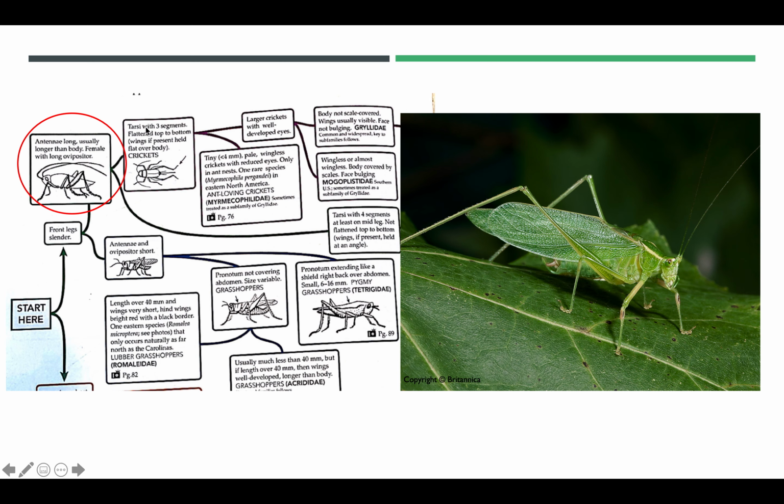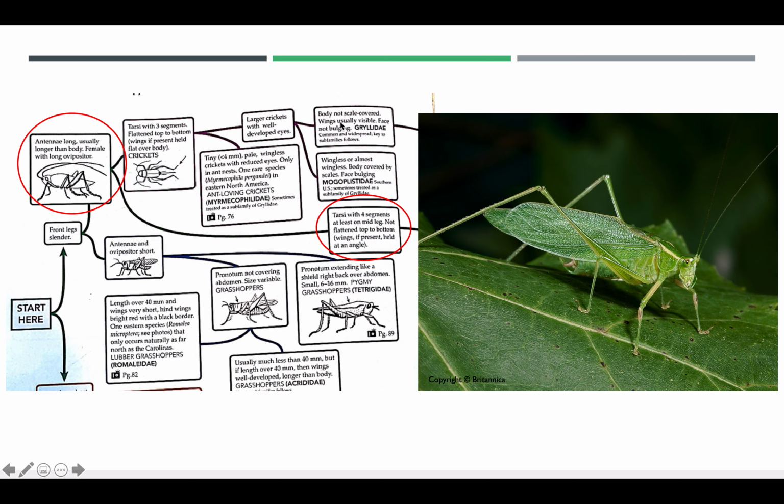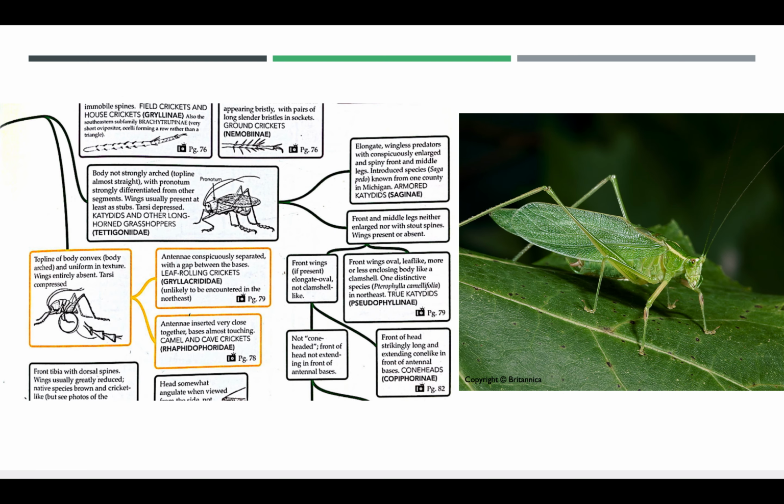The next one, we'll start talking about the tarsi, and those are a little difficult to see here because we don't have a microscope, but this one does have 4 segments on its tarsi. If you were to take a look under a microscope, you'd be able to count 4 segments, and then you just follow this dichotomous key all the way through.